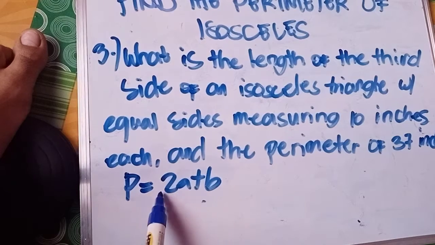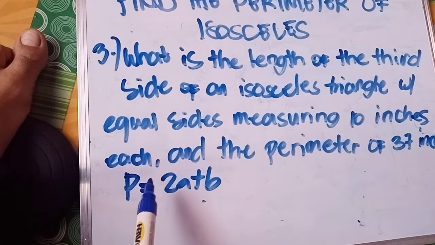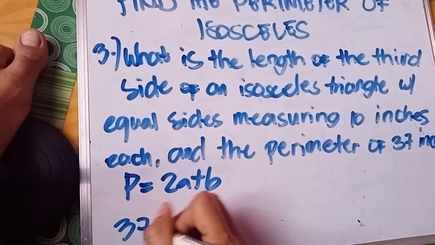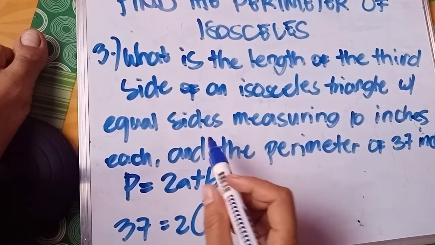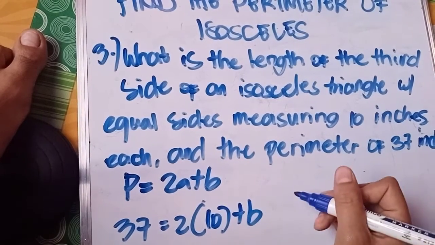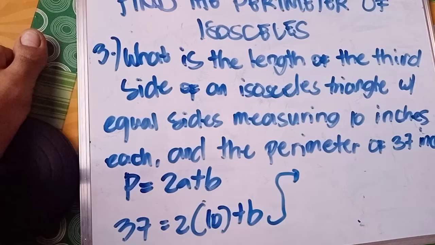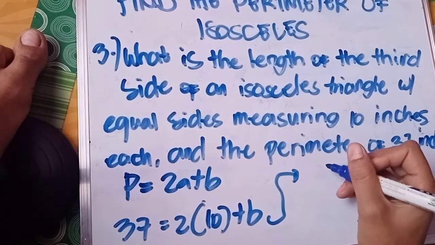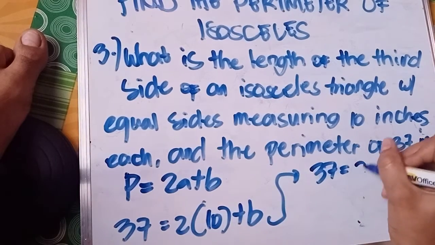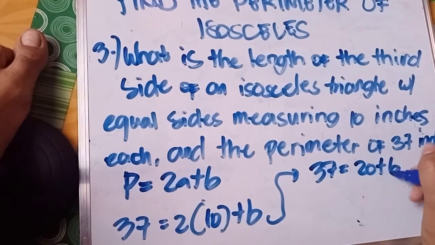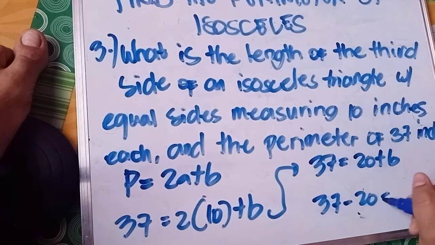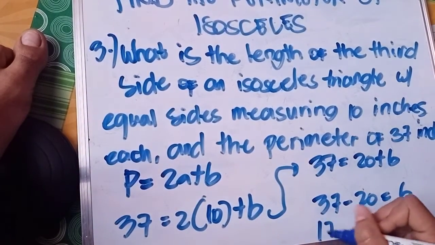In our formula, the perimeter of an isosceles equals 2A plus B. So 37 equals 2 times 10, which is 20, plus B. So 37 minus 20 equals B, that is 17.